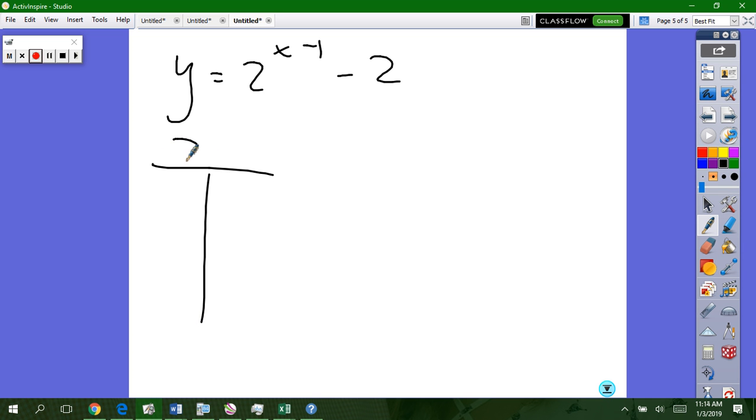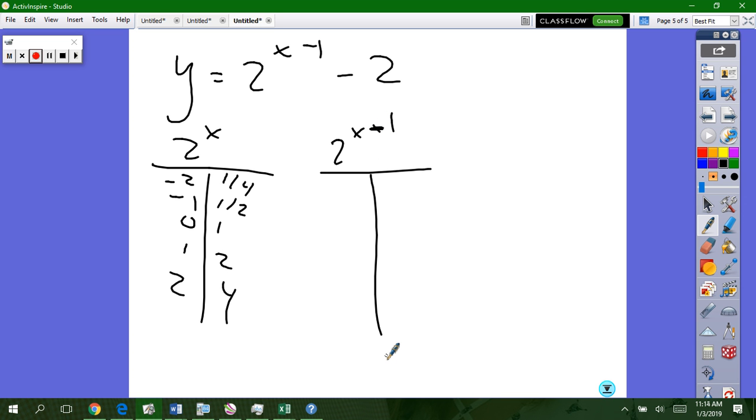How do we do the chart? What do we do first? Come on, guys. X minus 1, so we shift what? Right 1, so is that the x's or the y's?